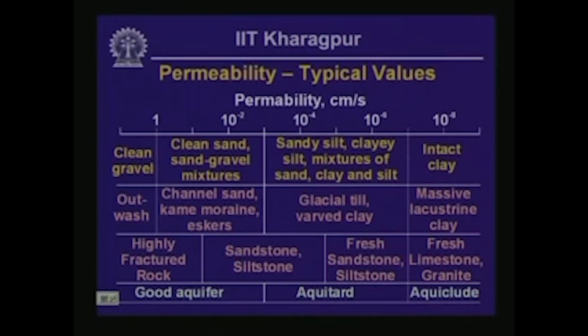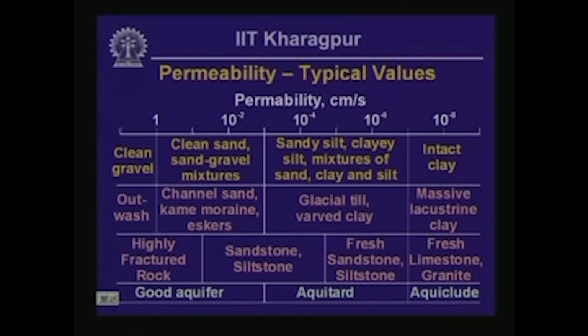Then at the bottom row, we indicate what qualifies a particular geologic unit as a good aquifer, aquitard, or aquiclude. A good aquifer typically has a permeability greater than 10 to the power minus 3 centimeter per second.